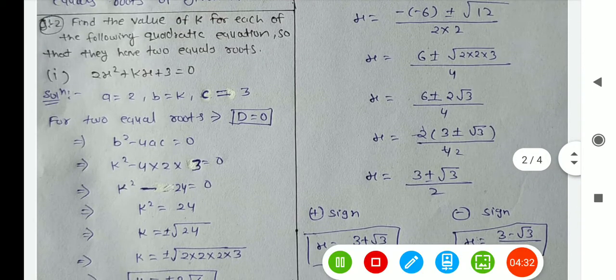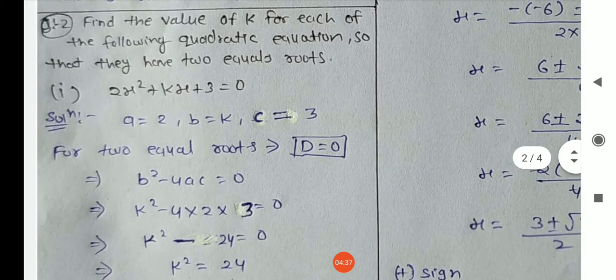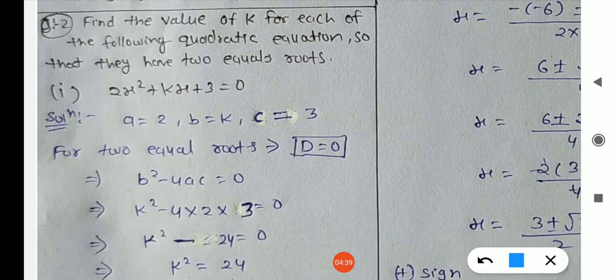Now I discuss question number two. It says find the value of k for each of the following quadratic equations so that they have two equal real roots. First is 2x square plus kx plus 3 equals 0. Now I compare this equation: a is 2, b is k and c is 3. For two equal roots, as given in the question, it means D equals 0, which means b square minus 4ac equals 0.